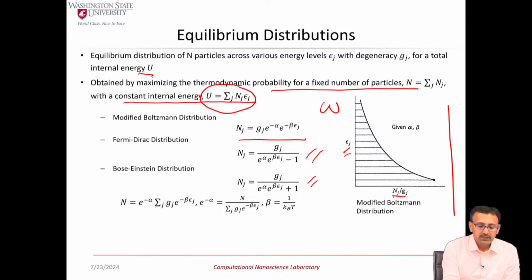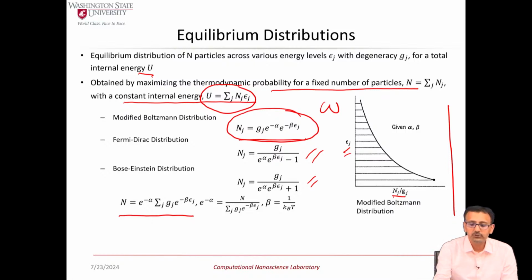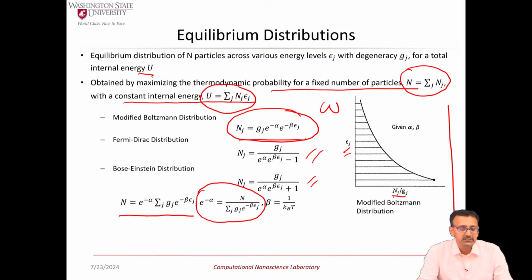So, if you take the modified Boltzmann distribution and sum this up, what you should get is the total number of particles if you sum n j. And when you write it mathematically, you can get an expression for the first undetermined multiplier, which is alpha, not in a straightforward manner, but it just says exponential of negative alpha is given by this quantity, the total number of particles over a certain summation.